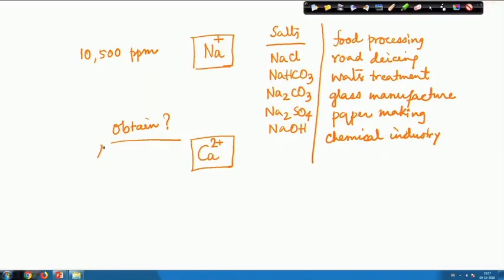So, one such is the typical limestone. We all know what is limestone. So, limestone is nothing but calcium carbonate.